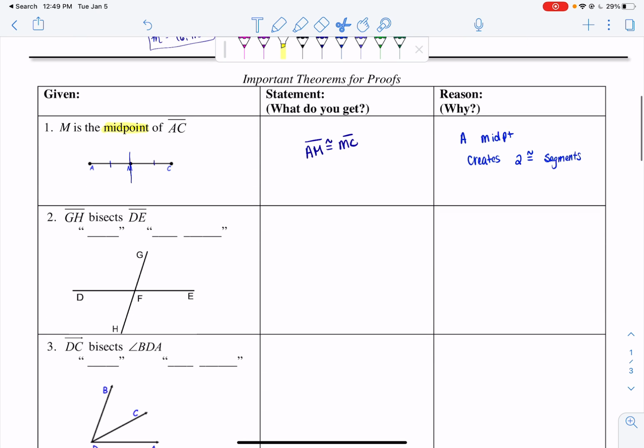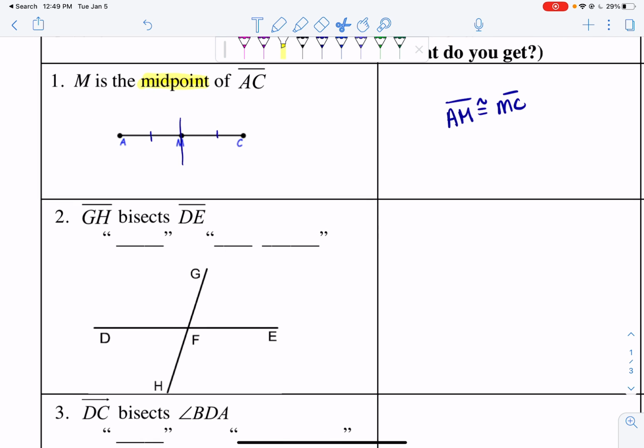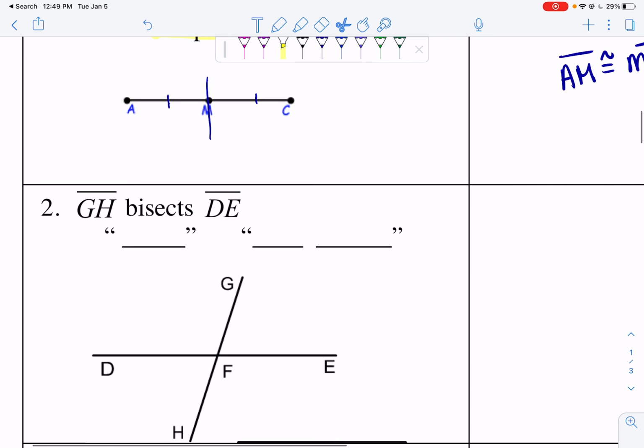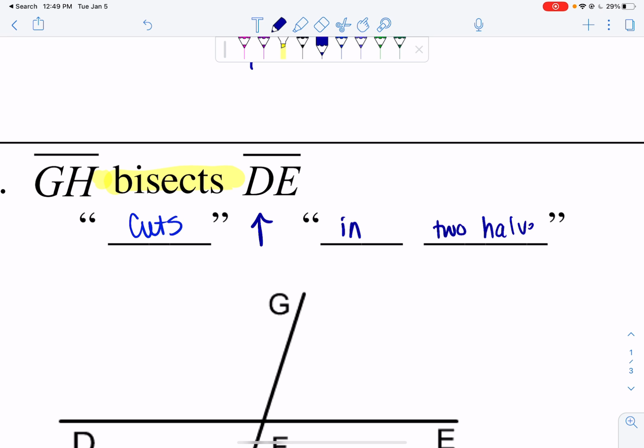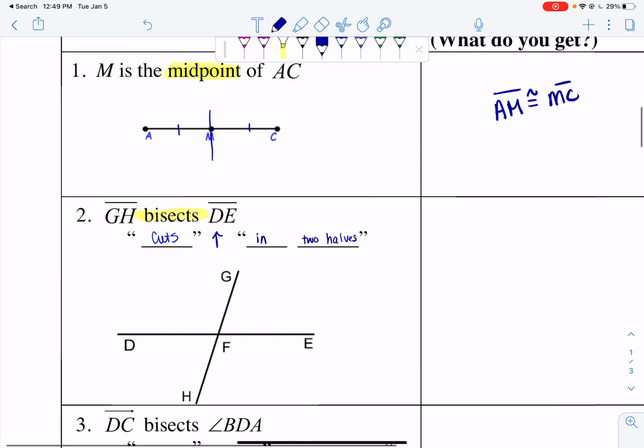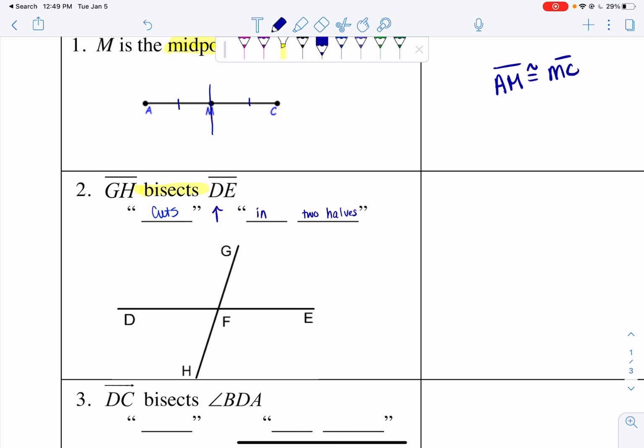Now, in our next example, line segment GH bisects line segment DE. Whenever you hear the word bisect, it's very similar to a midpoint. It cuts this line segment right here into 2 halves, so it cuts into two equal halves.